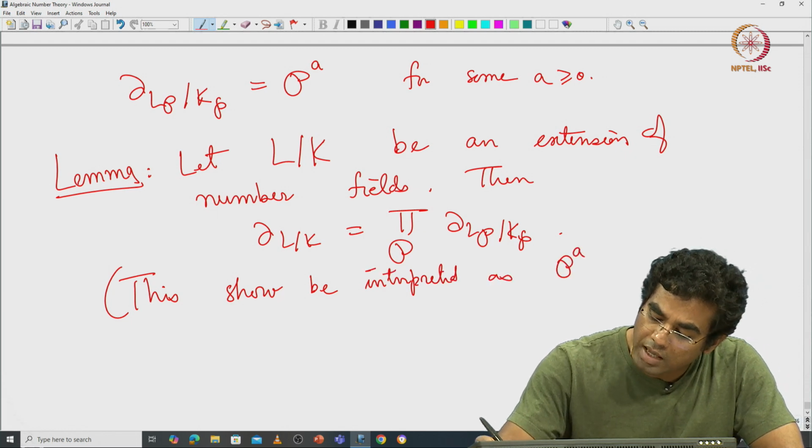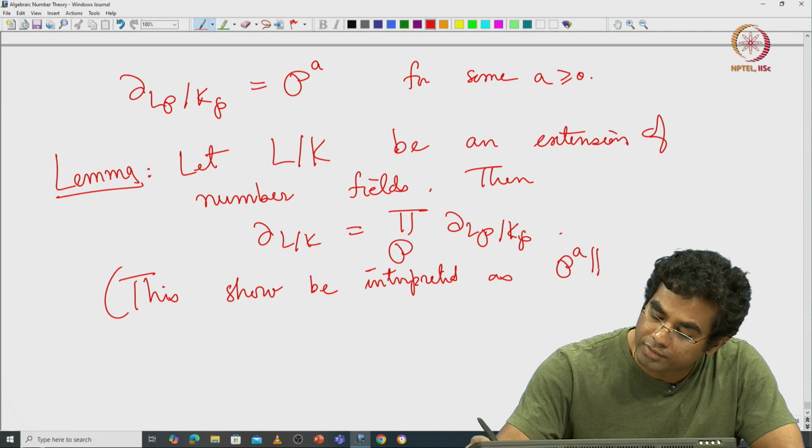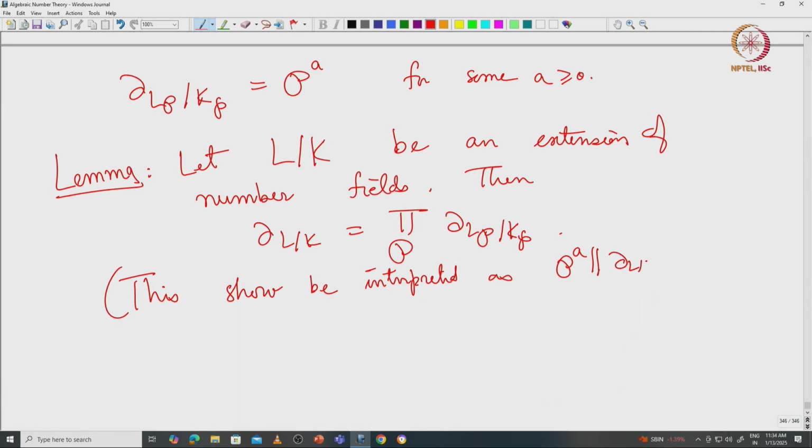P to the power A is the largest power of P dividing the different if and only if the different from L_P to K_p is equal to P to the A. So, that is how it should be interpreted: the order of any prime dividing the right hand side is the same as the order dividing the left hand side, although they are in two different rings.